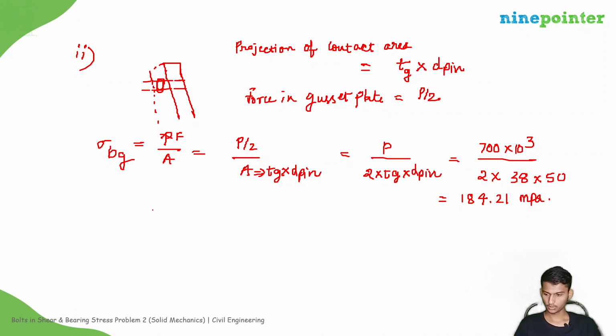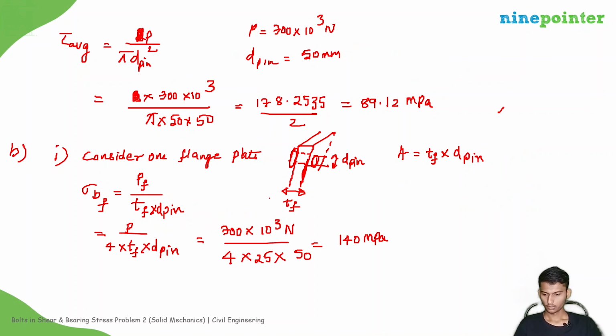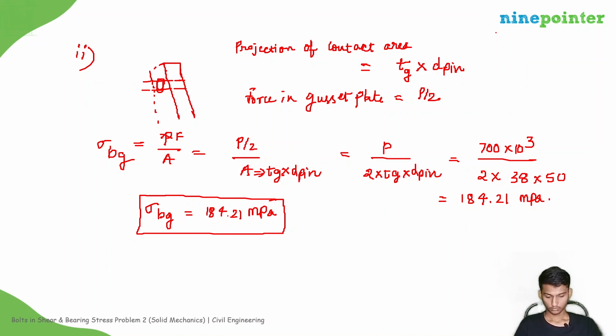So sigma BG will be equal to 184.21 megapascals. The answer is sigma BF is equal to 140 MPa. The first part A's answer is average is equal to 89.12 MPa. Okay.